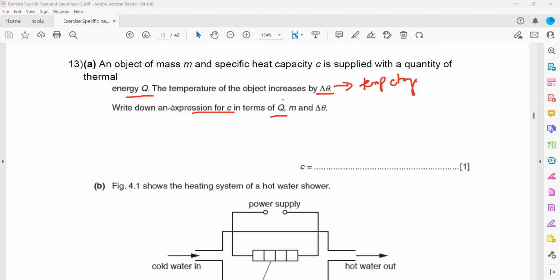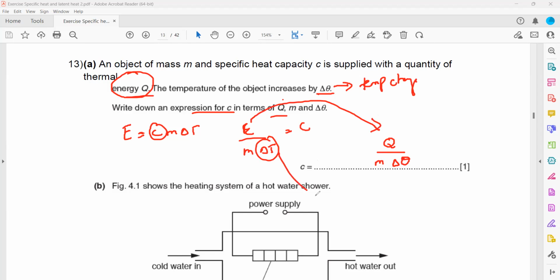So we have energy E equals C m delta T. If I want the subject as specific heat, then specific heat is E divided by M delta T. E is energy, which is represented by Q. So I'll write Q. M is the mass, and instead of delta T, the increase in temperature is delta theta. So this is what we have to write. The same equation, but we modify energy as Q and the temperature change as delta theta.